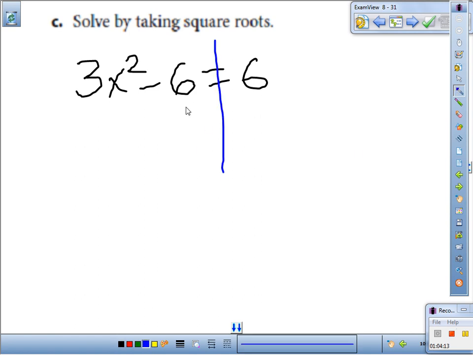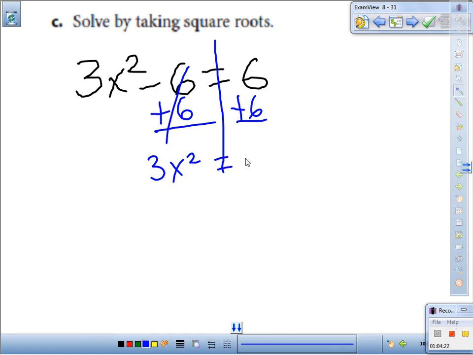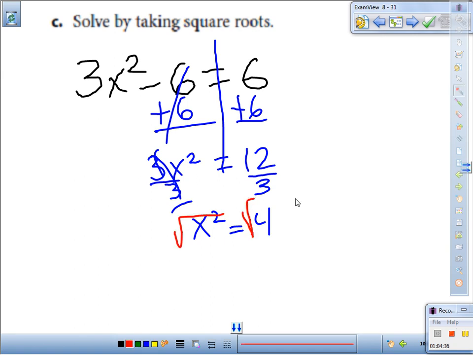To isolate x, what do I do, everyone? Plus 6, plus 6. We're left with 3x squared equals 12. Divide by 3, divide by 3. x squared equals 4. And the last step, take the square root. That is correct.